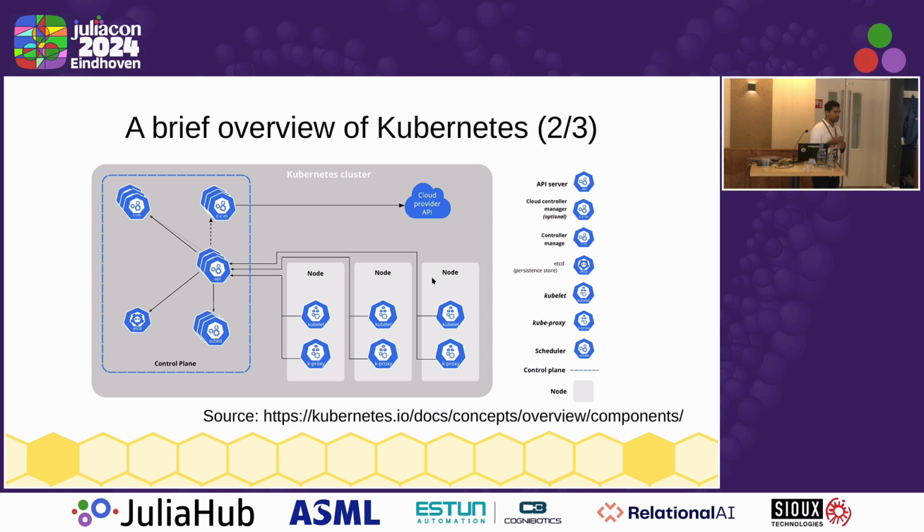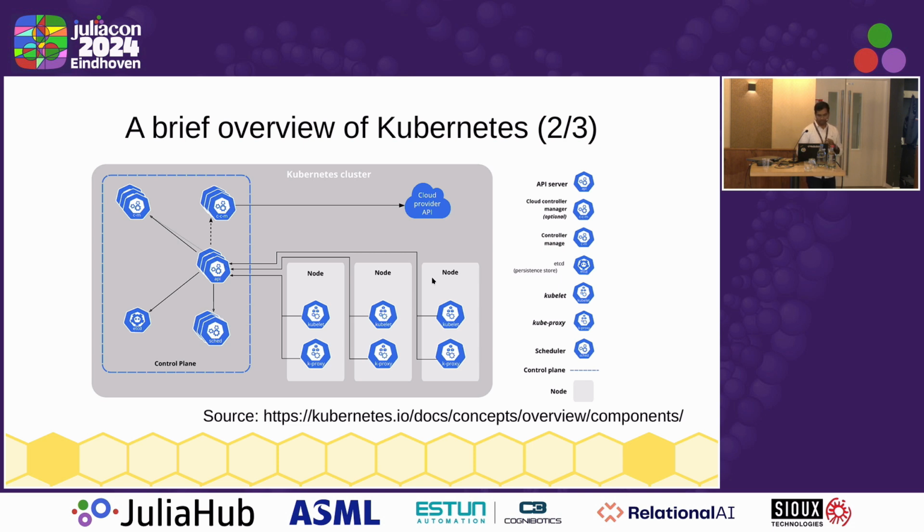Much of what we run as Julia containers runs on the nodes, and the nodes have two components. They have a thing called kubelet, which is a daemon process responsible for actually orchestrating the containers within that node, and it talks to the API server to get details on what it needs to run.